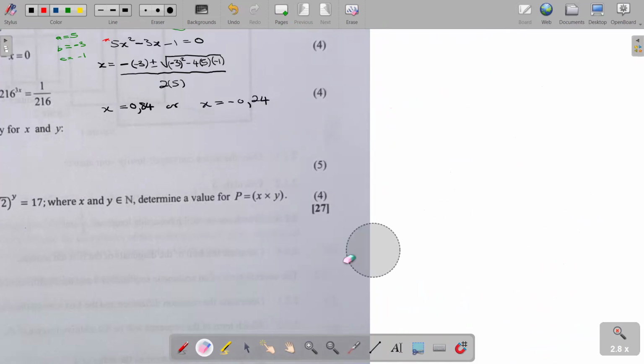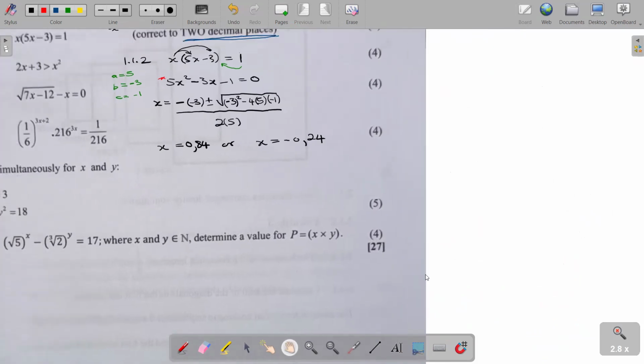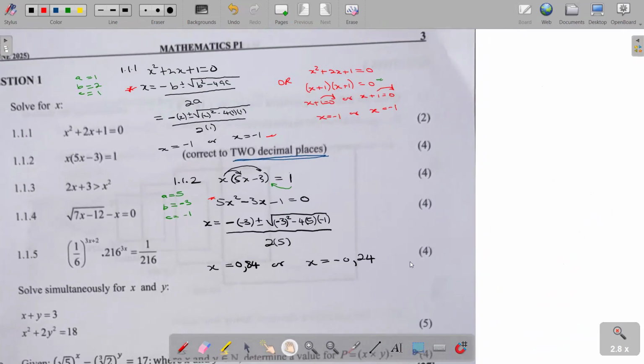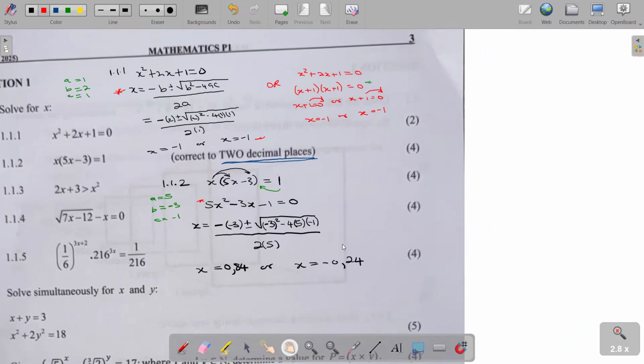So we are now on question 1.1.3. They are saying 2x squared, 2x plus 3 is greater than x squared.